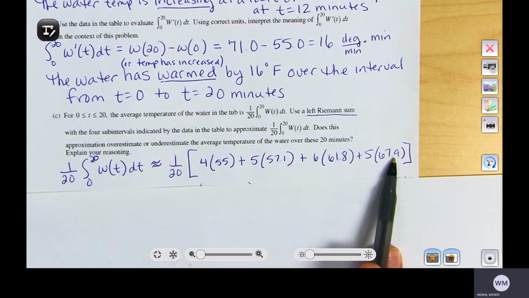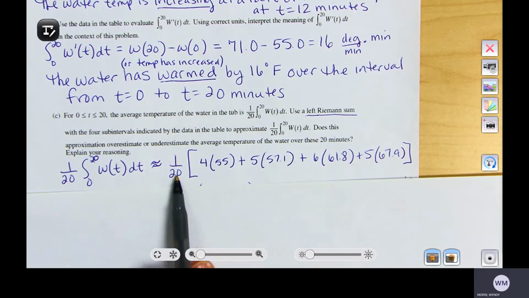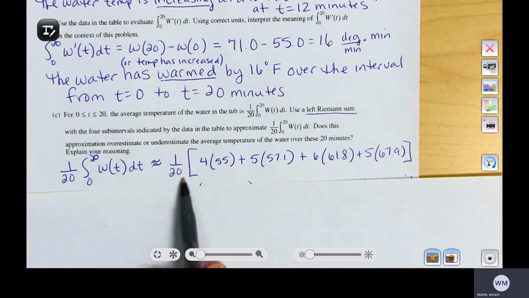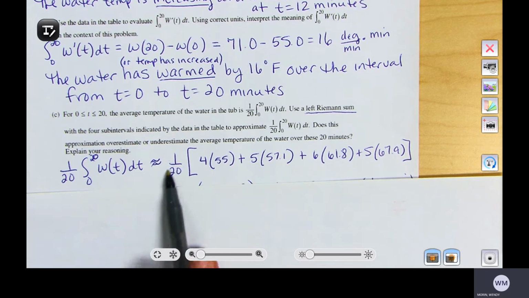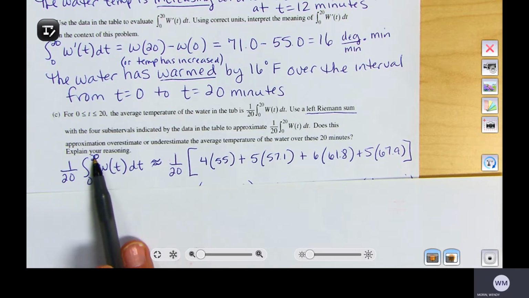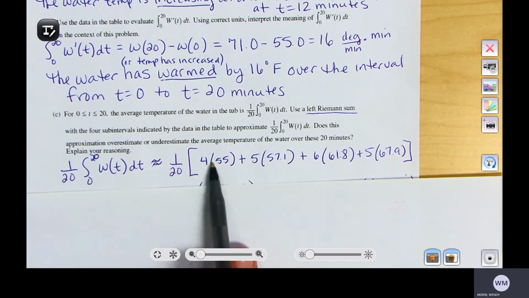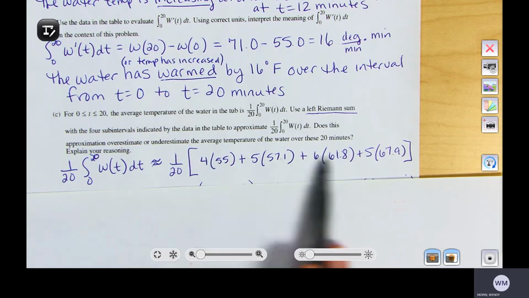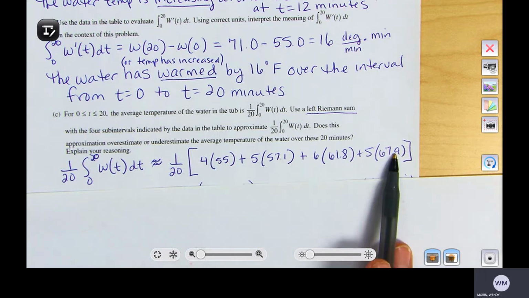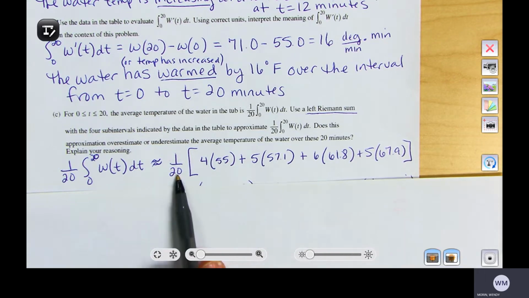But they're asking you to define the average temperature. So if I divide by the time that has passed, which is 20 minutes from 0 to 20, I'm going to have degrees times minutes divided by minutes. And that's going to give me my average temperature.